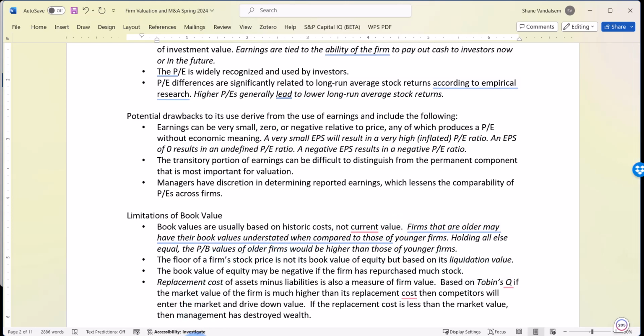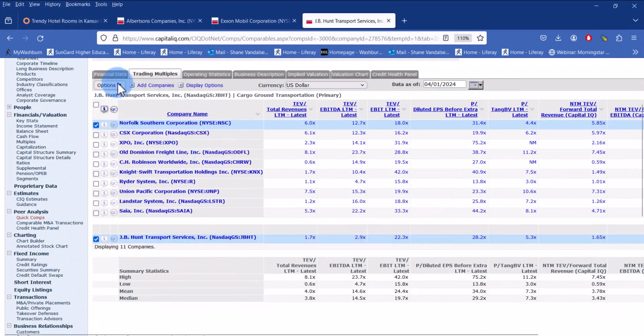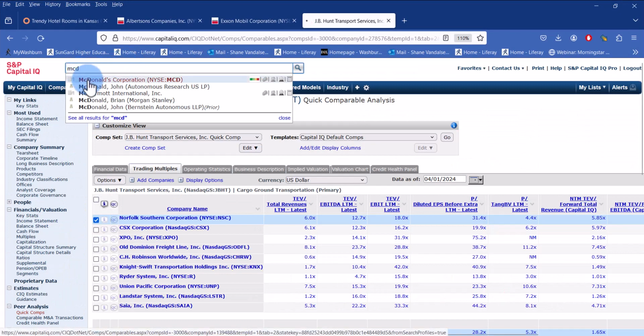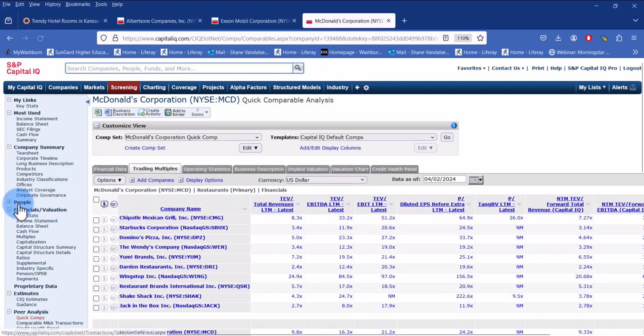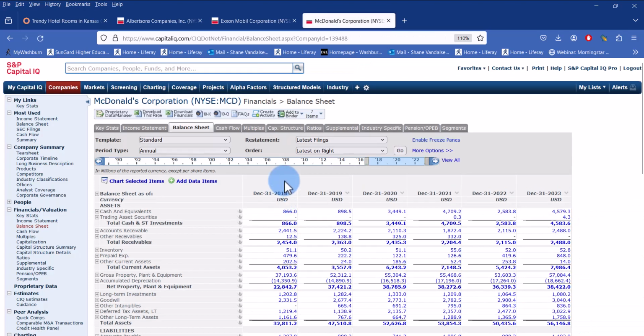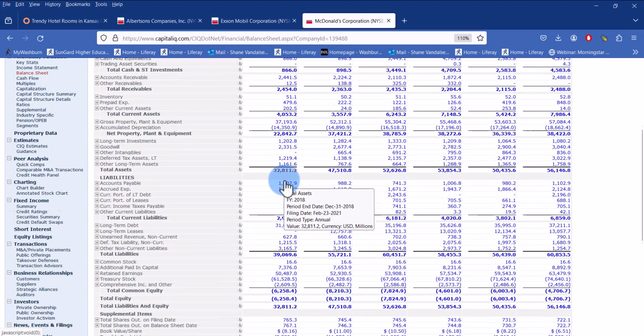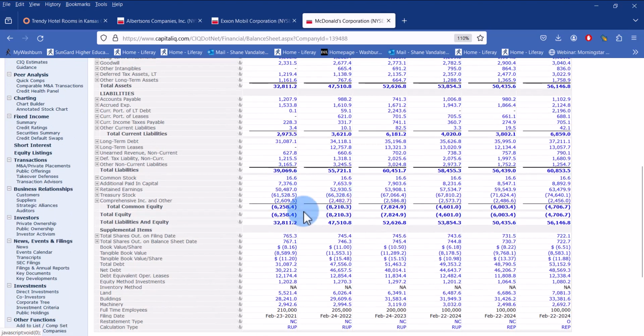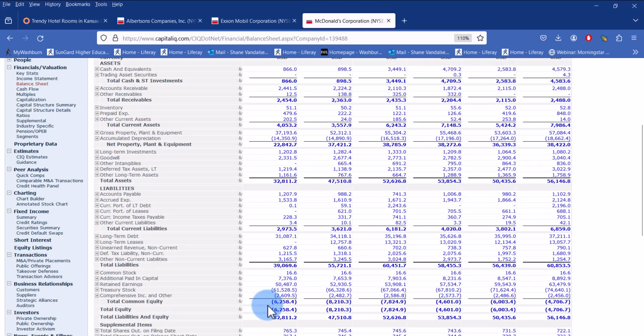Let me pull up an example of that. So here's McDonald's. I'm going to pull up their balance sheet. We can see here the total common equity for the firm, and this is where we would get the book value of equity, and we would divide it by the number of shares to get the book value per share.